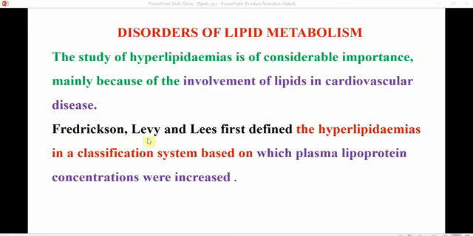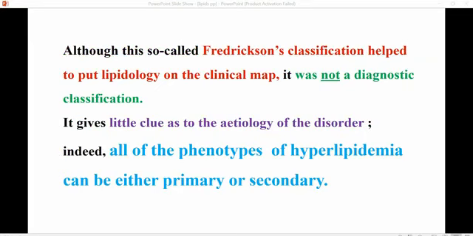Fredrickson was the first to recognize or define the hyperlipidemias and classified them into several types based on the electrophoretic pattern. However, the Fredrickson classification put lipidology on the clinical map, but it was not a diagnostic classification.